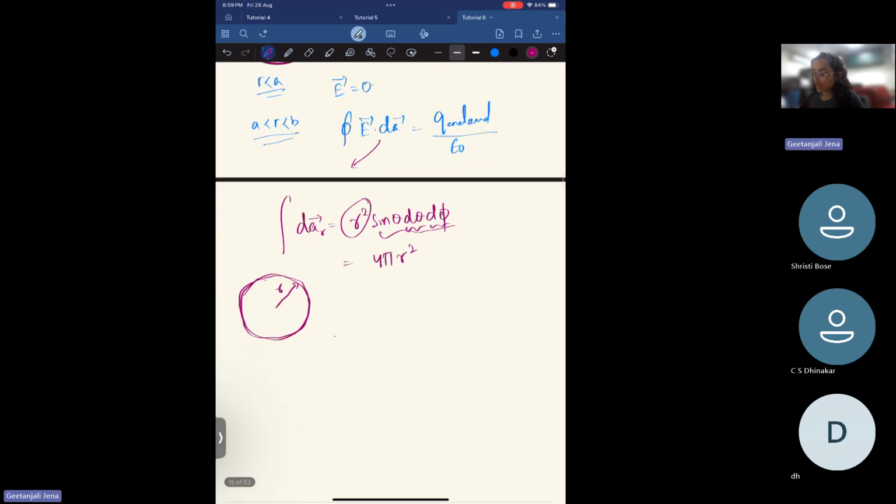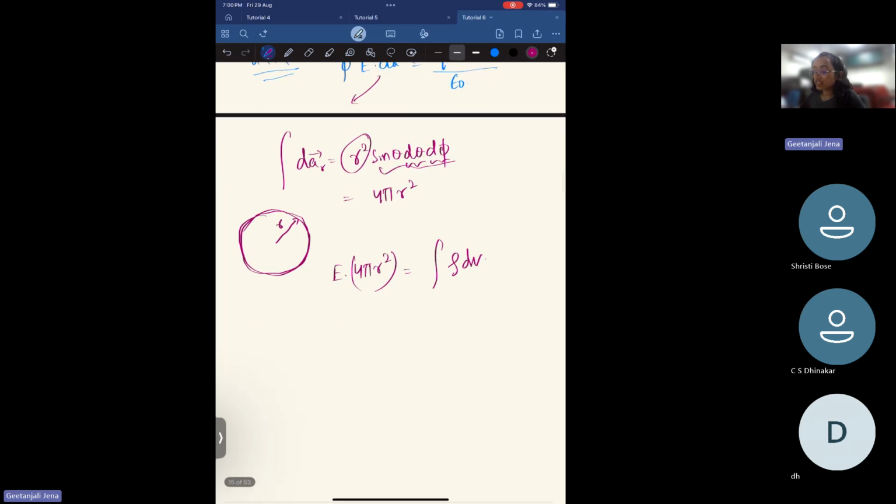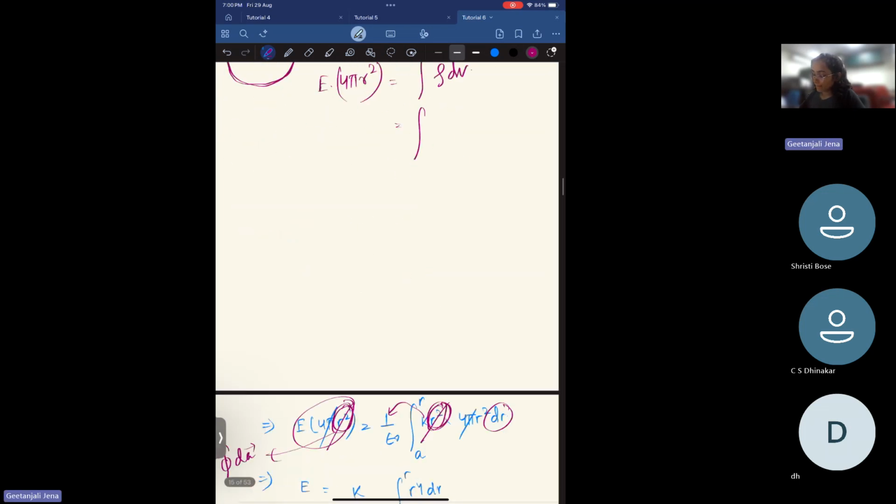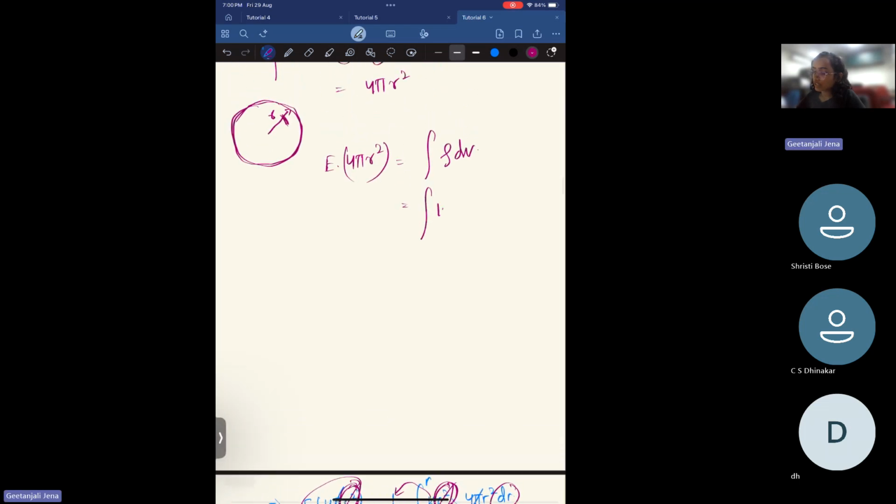In this way, for the left hand side, we got 4 pi r square. But on the right hand side, you have rho dV, right? And in that case the radius is not a constant, because you are looking at the volume now, not the surface. So if you look at it, it is k r square sine theta d phi.